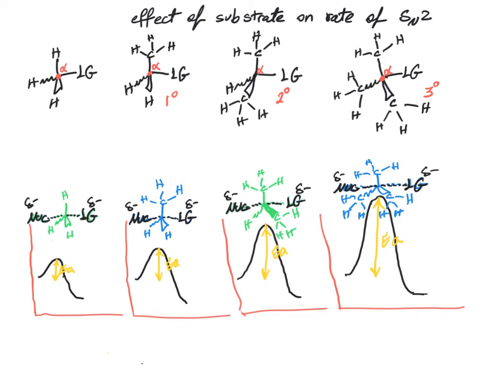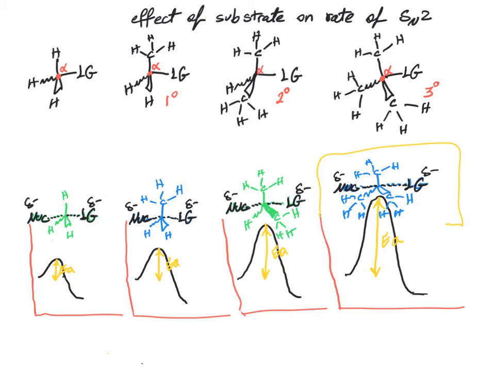Okay, when you look at the transition states, you can see that the transition state for tertiary substrate, this one, is the least stable one because it has a pentavalent carbon and it's very crowded. So the repulsion between all these bulky groups makes the transition state of tertiary very unstable.